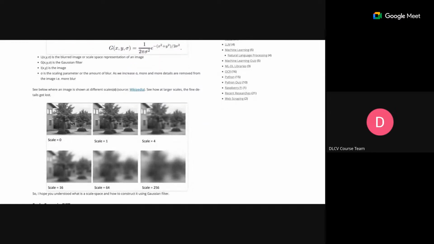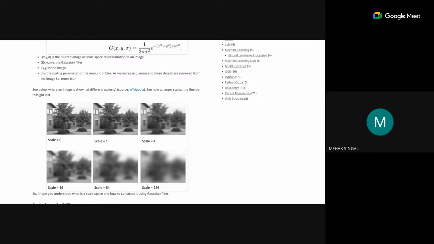As they have increased the scale to 256, you can see only the tree is visible in this image. It's not that visible, but we can identify it as something like a tree.